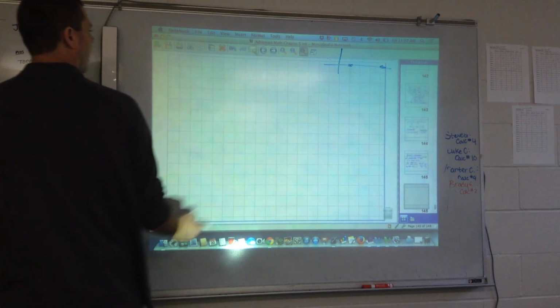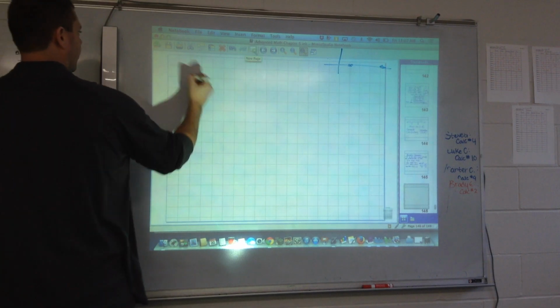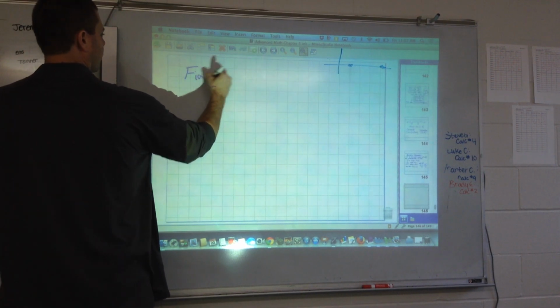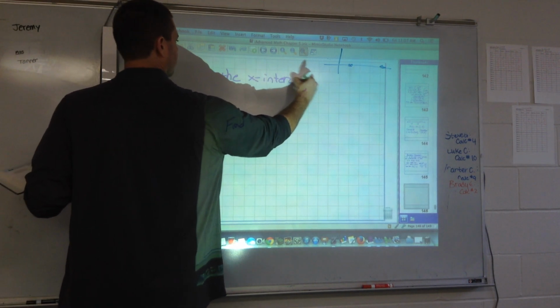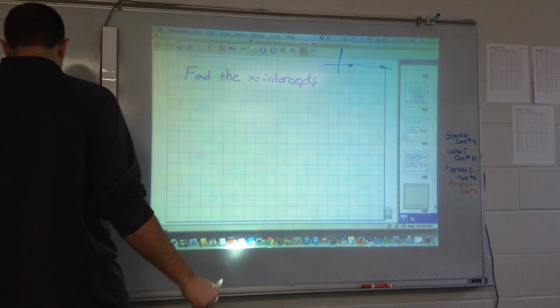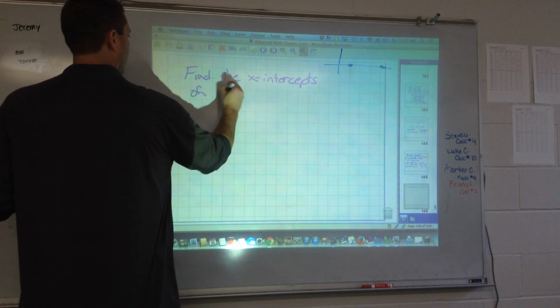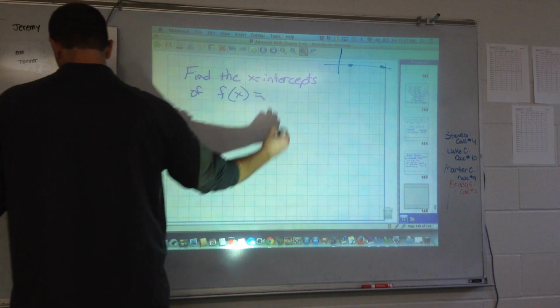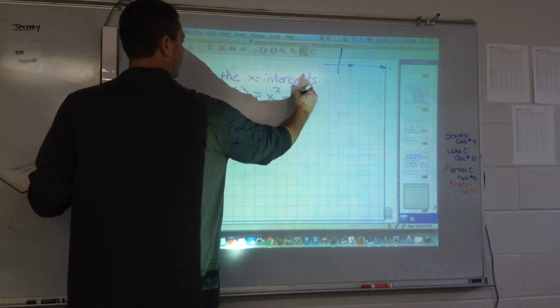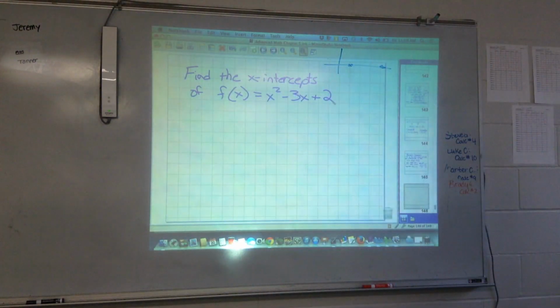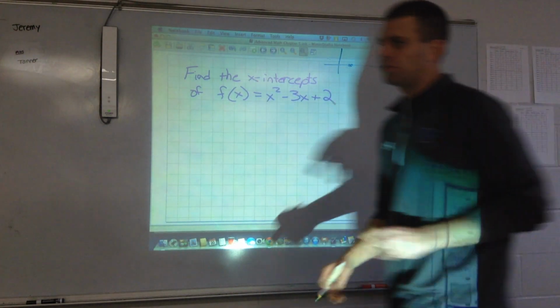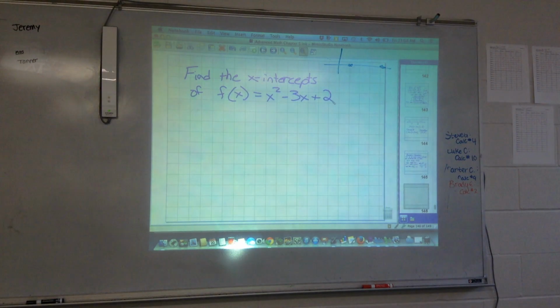Quick application problem, something similar you might have to do. First of all, let's find the x-intercepts. I'm just following the book's example here. Find the x-intercepts of f of x equals x squared minus 3x plus 2. How do you find x-intercepts? Plug in 0 for y and solve for x.